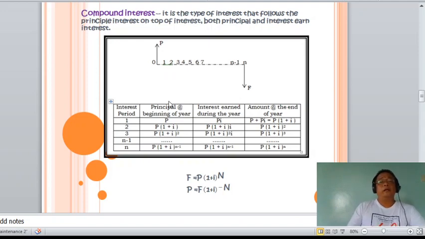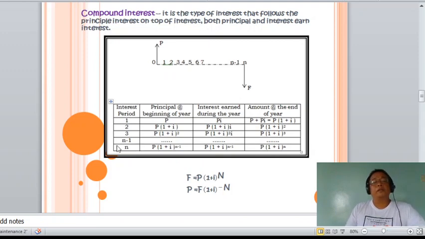Okay, so that is why the future amount at the end of n years is equivalent also to P multiplied by 1 plus I raised to n. Okay? So, we have here the formula below that F is equal to P multiplied by 1 plus I raised to capital letter N. So, this capital letter N represents the number of years.